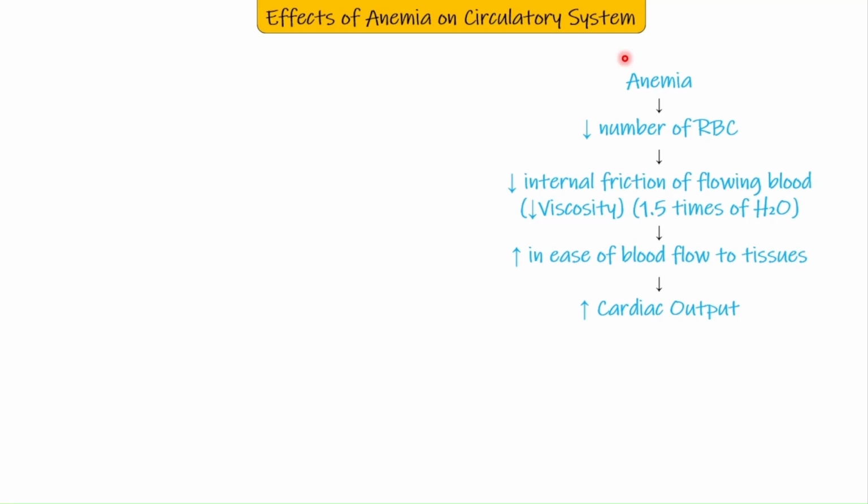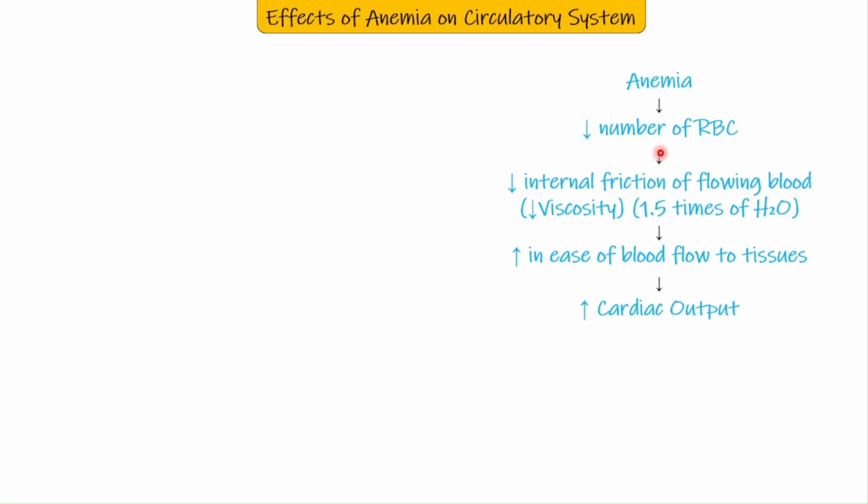Now we are going to discuss the effects of anemia on the circulatory system, that is, how exactly anemia will affect the circulation. Anemia means there is a decreased number of RBCs. Whenever there is a decreased number of RBCs in the blood, there is decreased internal friction when the blood is flowing.